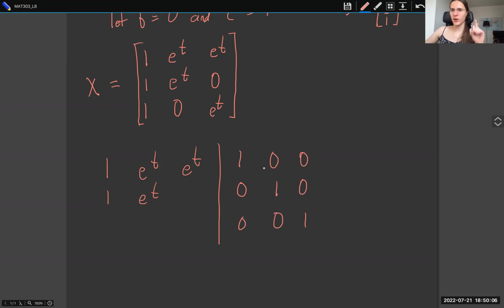Because we're not finding the kernel, we're doing an inverse. That's the catch. If we were finding a kernel, then that's what we do, but we don't want to find the kernel. We want to find an inverse. So we're basically solving for what's the first column of the matrix. In other words, what gets mapped to the identity. Oh, sorry, the first elementary vector, the second elementary vector, and the third elementary vector.